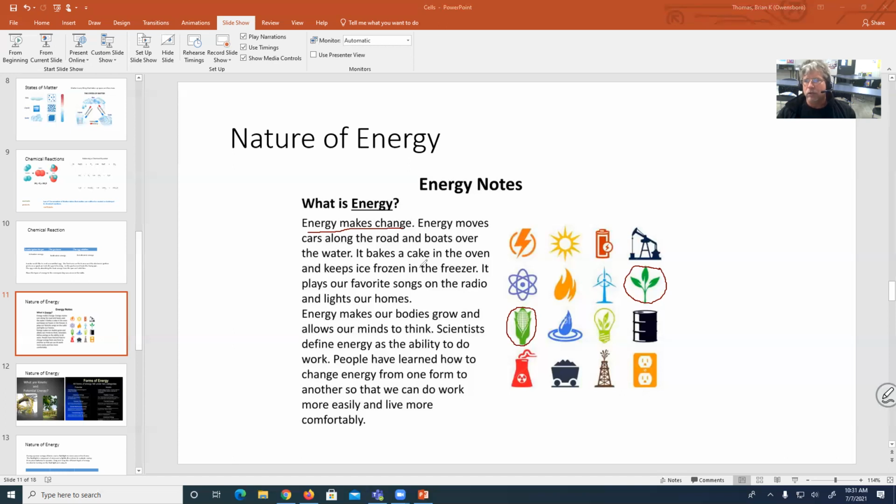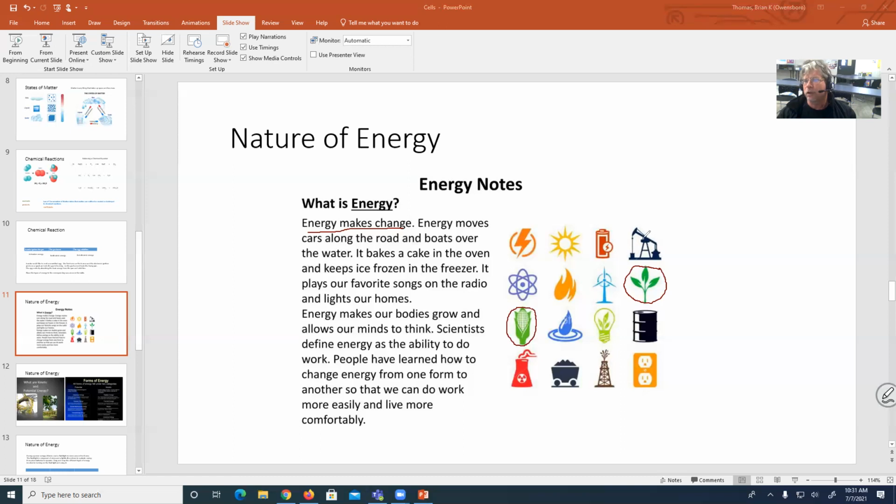Okay. So as far as energies go, this looks like lightning, or what we call electrical energy. When I see the sun, I think of solar energy. This looks like a battery, so battery energy. Sometimes this is called chemical energy. Batteries are chemical reactions.